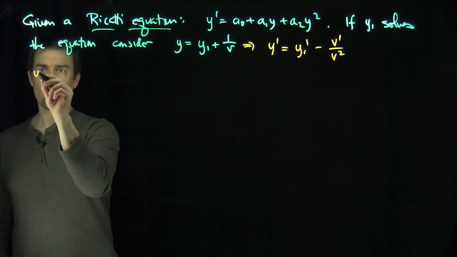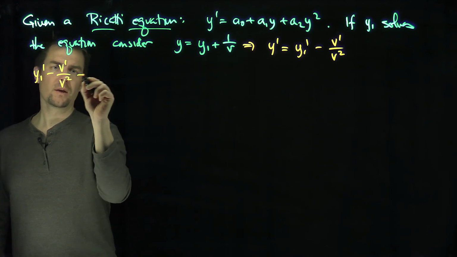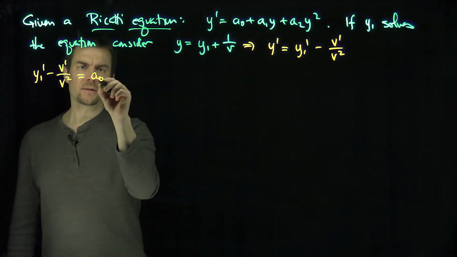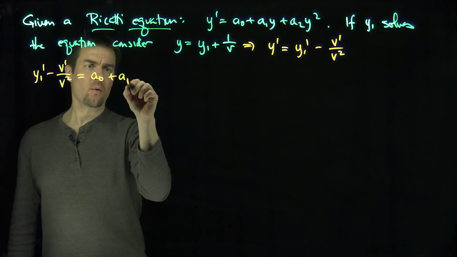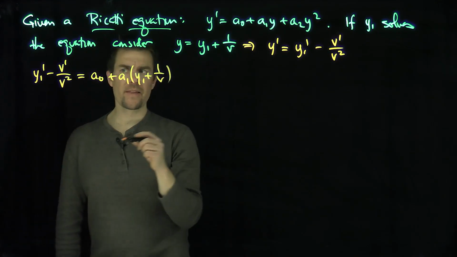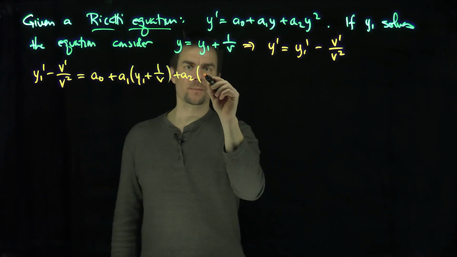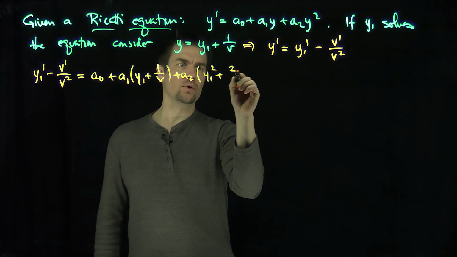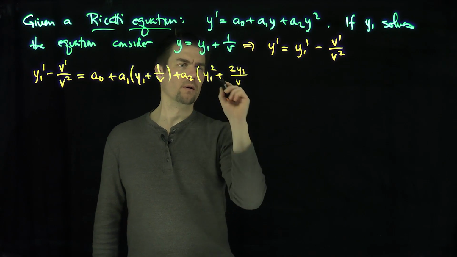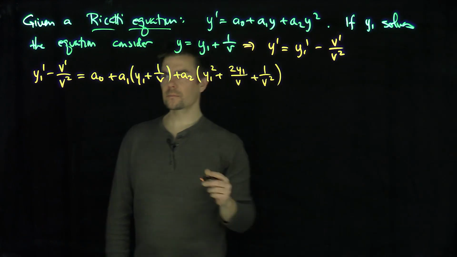So we'll have y1 prime minus v prime over v squared is equal to a0 plus a1 times y1 plus 1 over v, plus a2 times, if I square this, y1 squared, plus 2 y1 over v, plus 1 over v quantity squared.